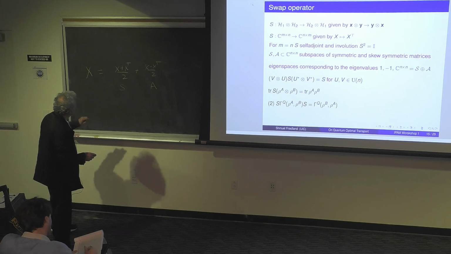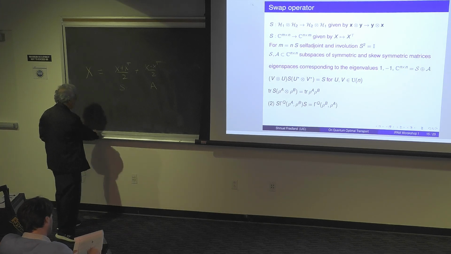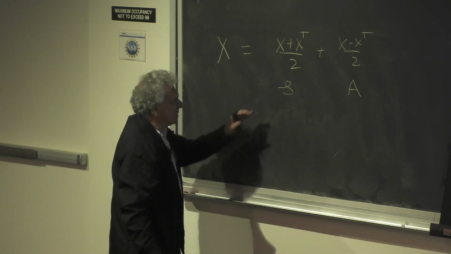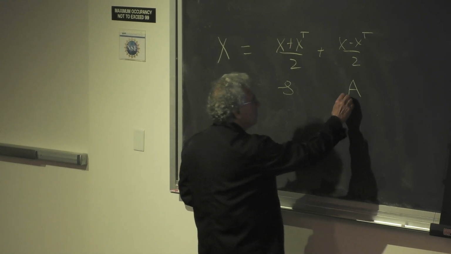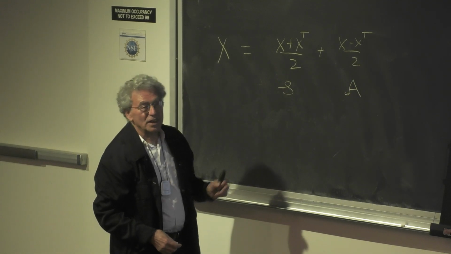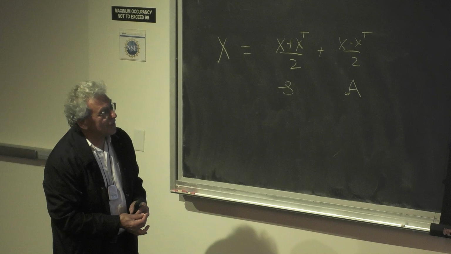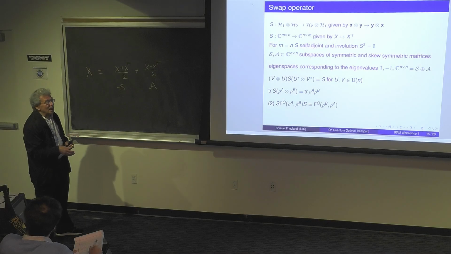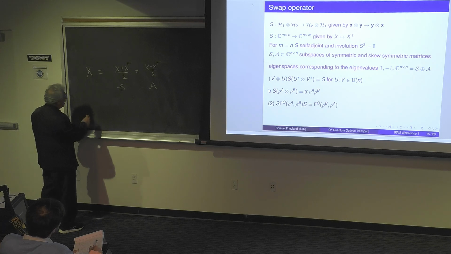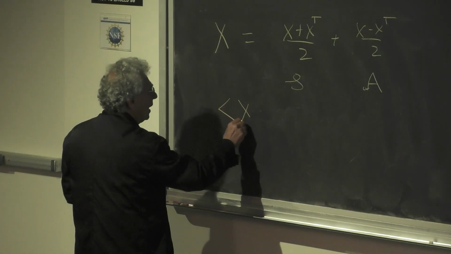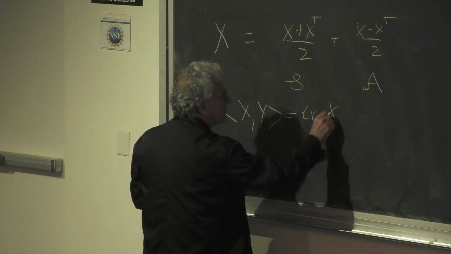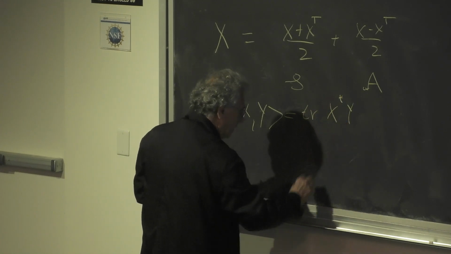So the set of all symmetric matrices is like that, the set of all skew-symmetric matrices is this one, and this is a direct sum. If you take the standard inner product on the space of n by n matrices, the inner product of x and y is trace of x star y.